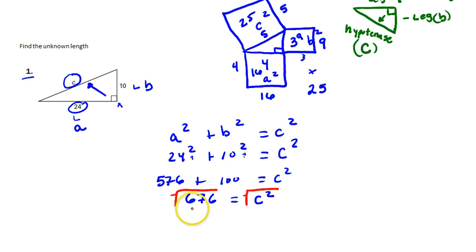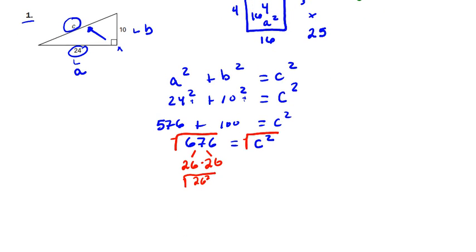So, I also know that 26 times 26 equals 676. So if I have 26 squared and I'm looking for the square root, those are inverse operations, and I would get 26 equals c. So the side length, or the hypotenuse of that triangle, was 26.